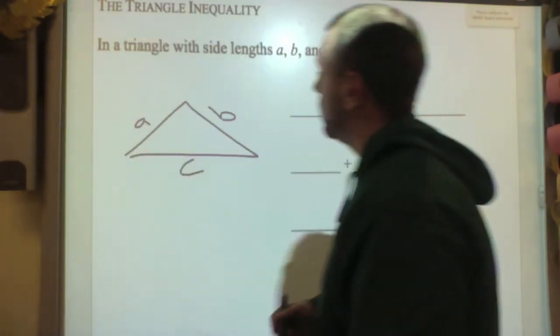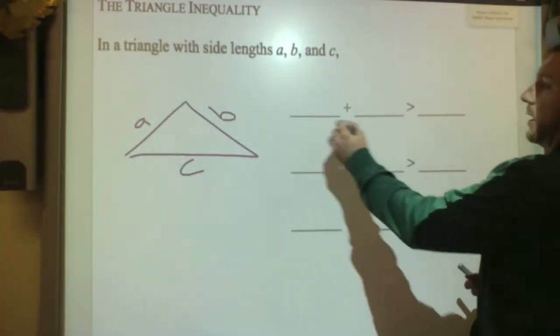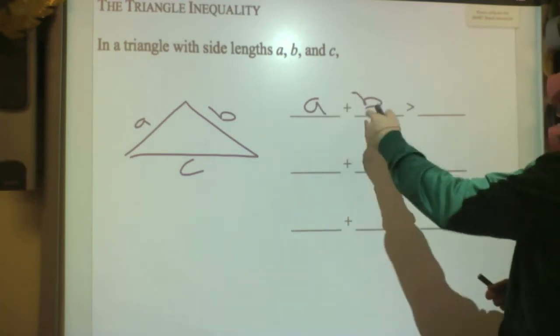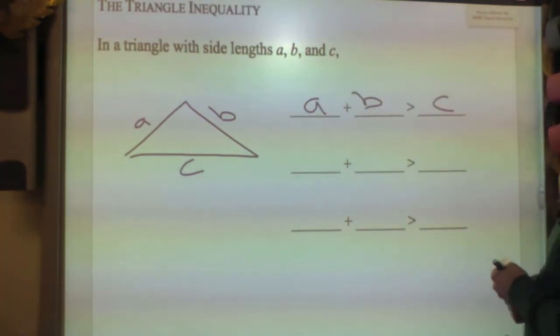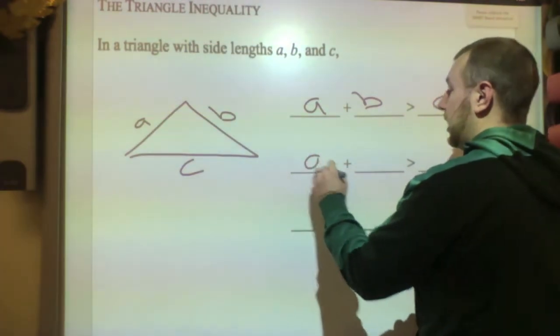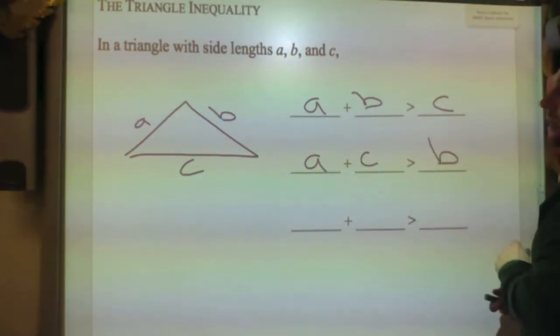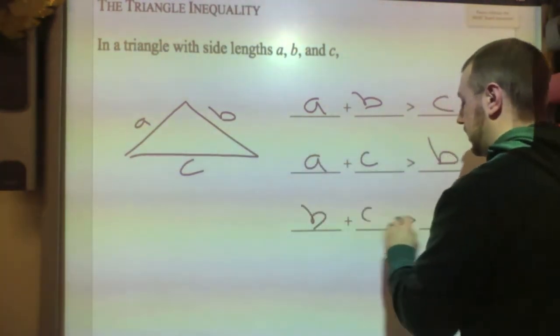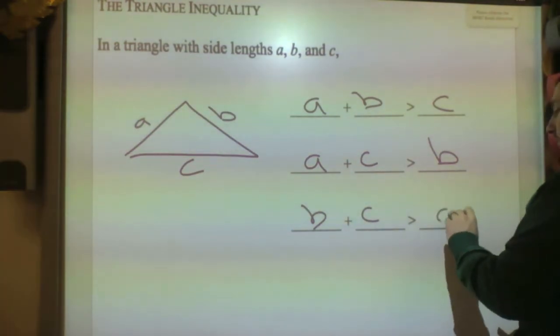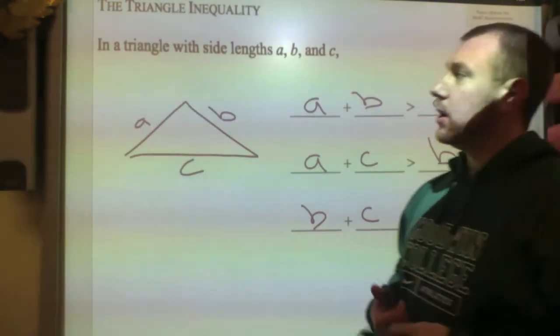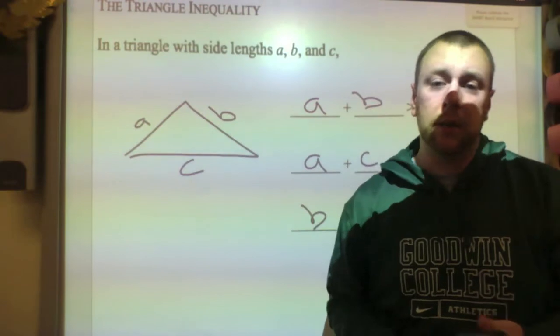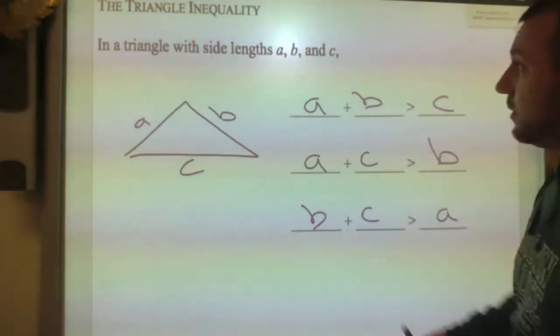So what happens is A plus B has to be greater than C. But also, A plus C has to be bigger than B, and B plus C has to be bigger than A. So what you really want to take away is you don't have to do all of this.